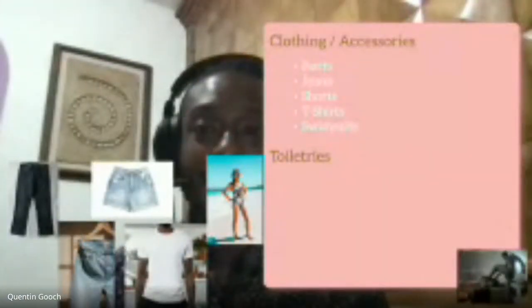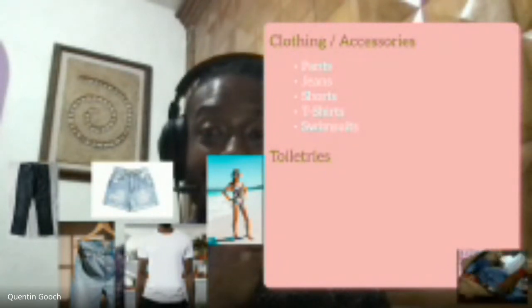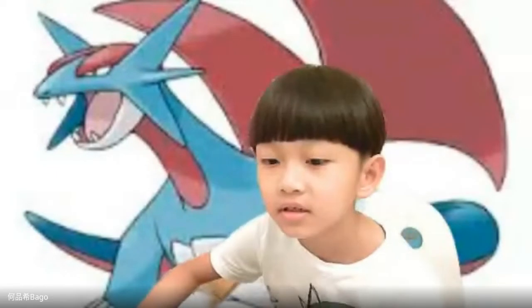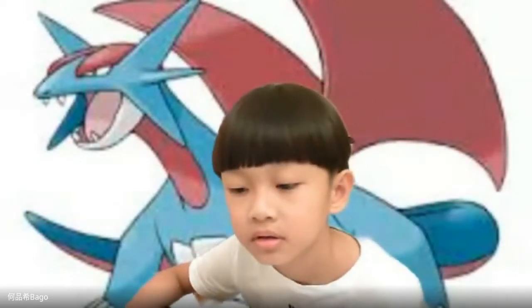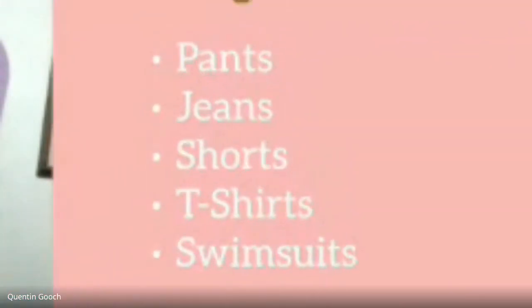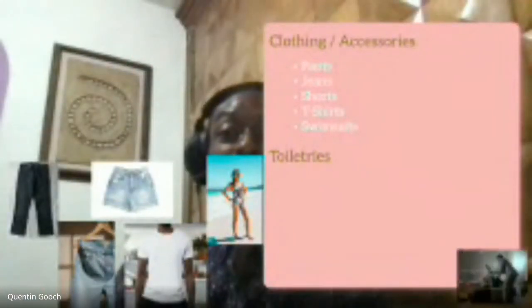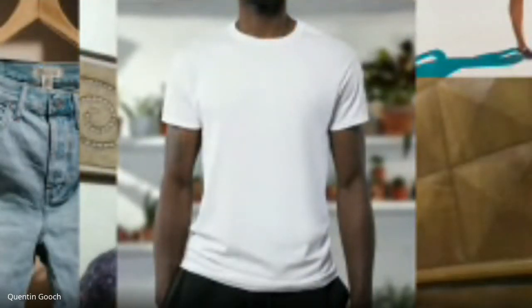Okay. What about this? What is this? Anyone know? Oh, Bago? These are shirts. Yeah, a shirt. This is a shirt. And sometimes we call it a t-shirt when it's a shirt like this without buttons.